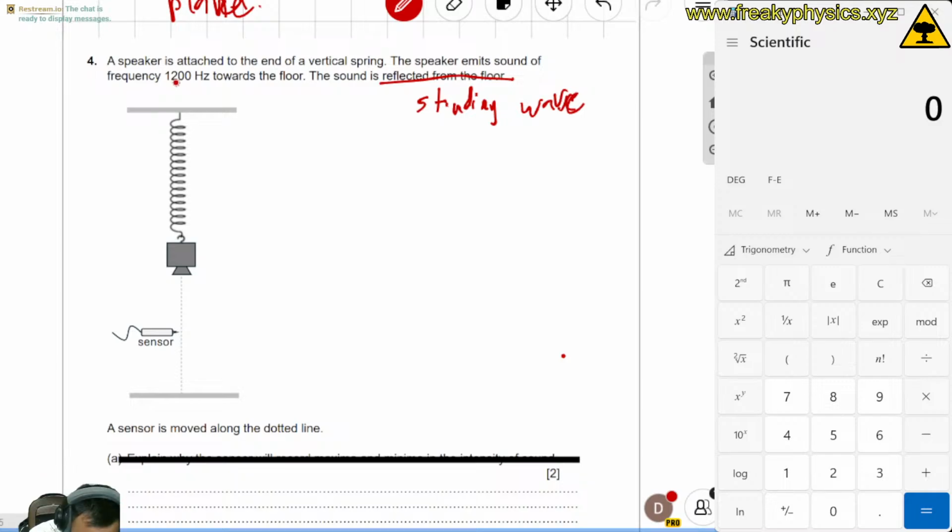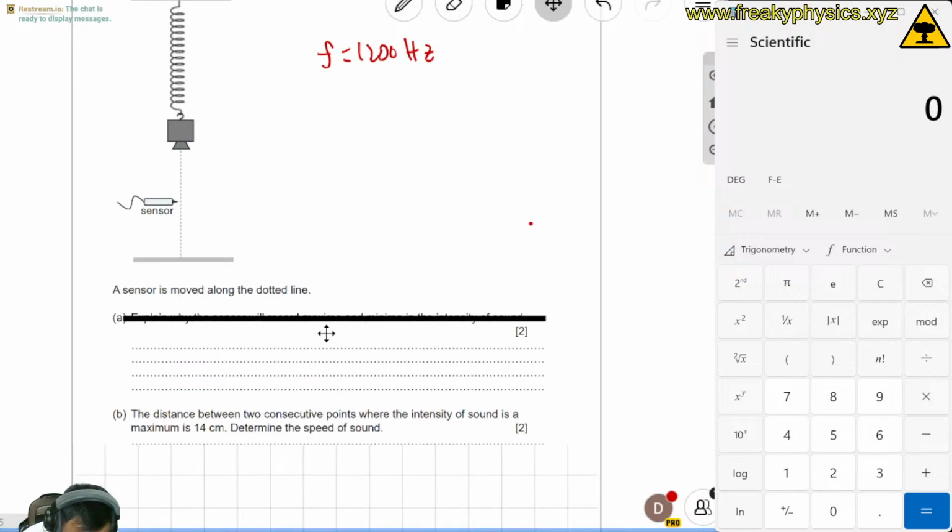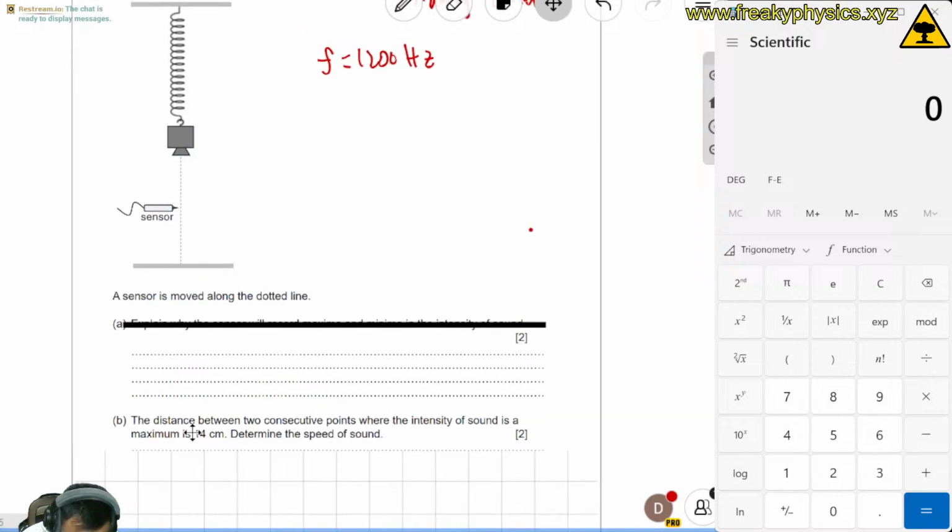Now what is given here? You're given that the frequency is 1200 hertz. So that means we can somehow determine the wavelength later on. Now let's take a look at what B says, see if it gives us a clue. It says here the distance between two consecutive points where the intensity of a sound is a maximum is 14 centimeters.